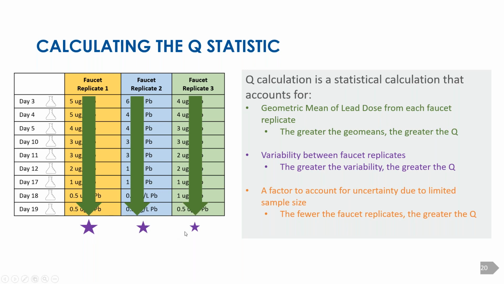So the greater the variability between replicates, the greater the Q statistic will be for this given faucet family. And then the Q statistic also includes an additional factor known as the K factor that is basically a penalty factor that accounts for uncertainty due to the limited sample size. So the fewer the faucet replicates tested, the greater the Q value will be.